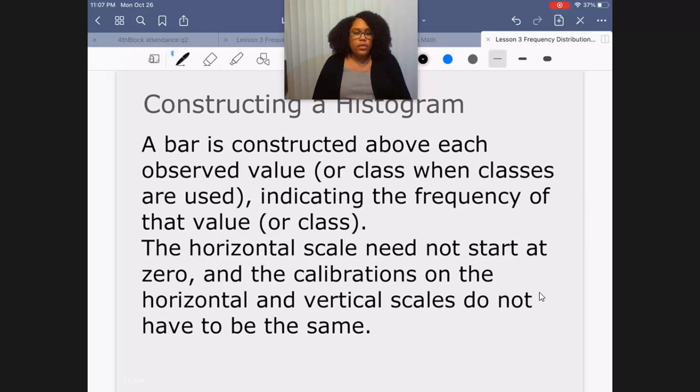We aren't going to have to start the x-axis at 0 based on what numbers show up in our data set. But we're going to basically create the x-axis as the portion of the number line that fits our data. Then we're going to have to create a vertical axis, our y-axis, to scale to fit our frequencies.